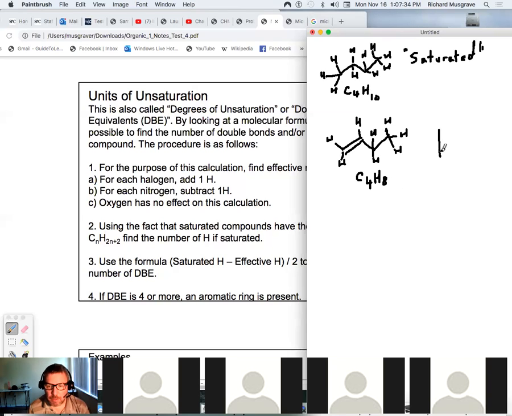Now, if you were to make that into a ring by tying up one end to the other, that would also cost 2 hydrogens.